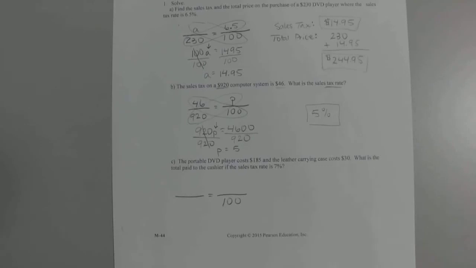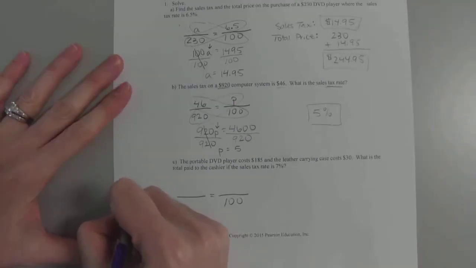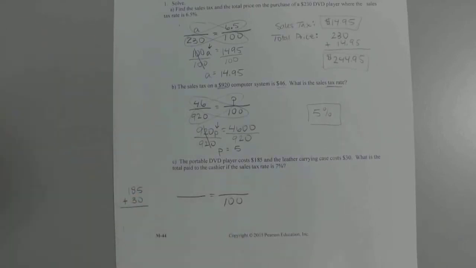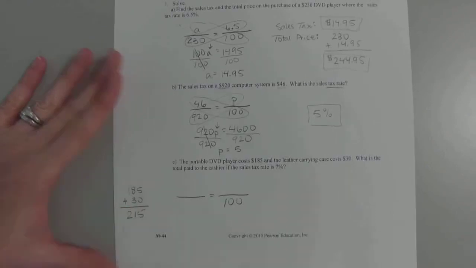But what we need to figure out is, what are we getting taxed on? All of it, right? So what do we need to do first? Add the two together, right? So let's see what our total bill will be. So over here, let's do 185 plus 30 to figure out what our total bill is, right?